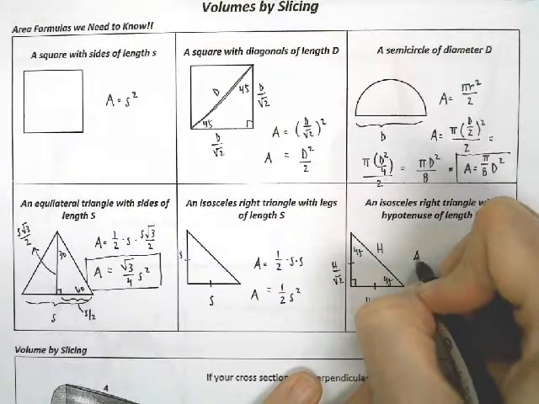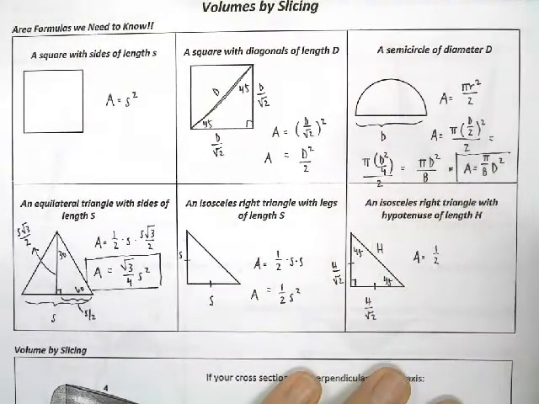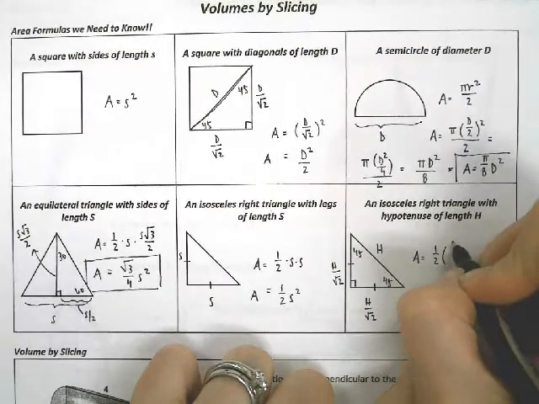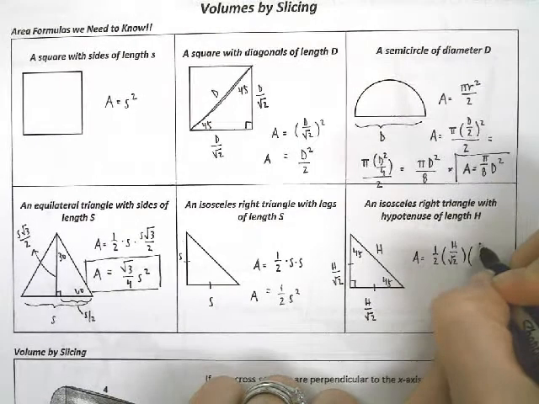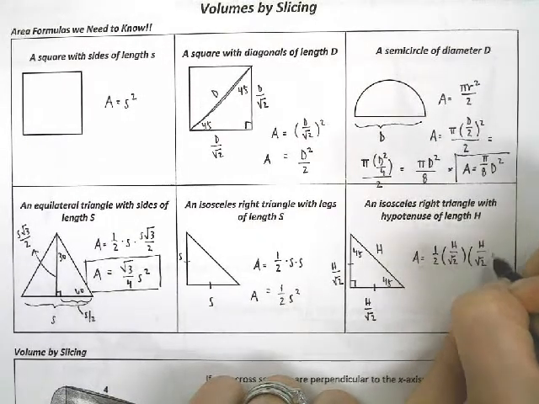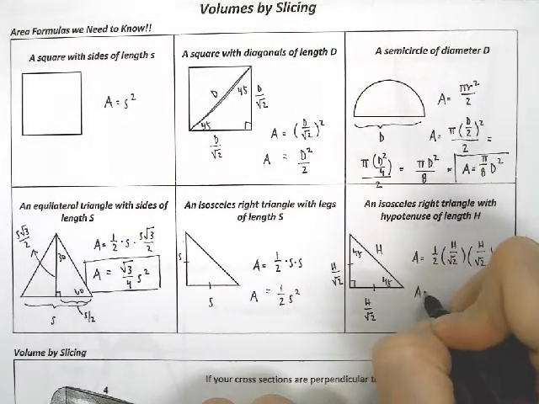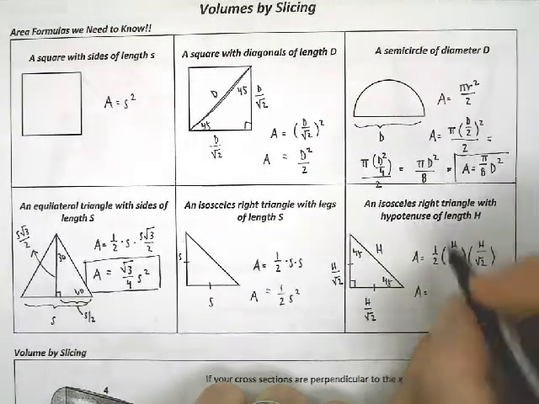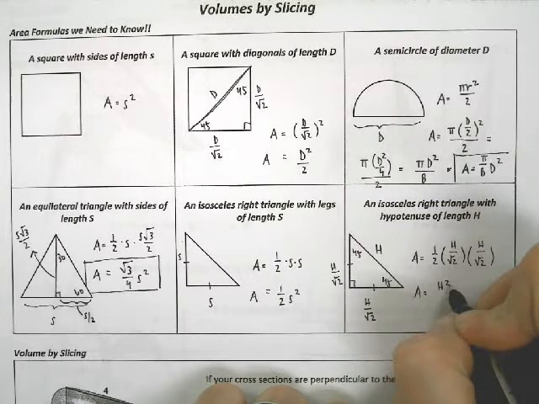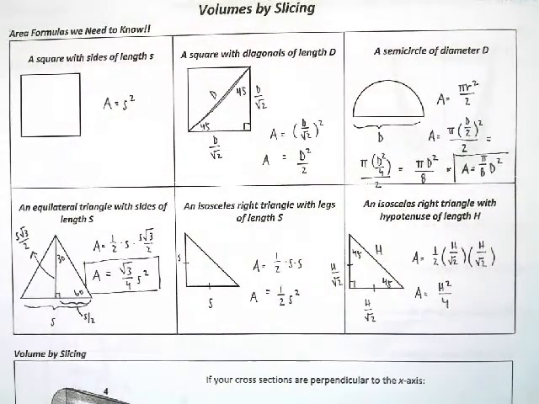So now I can use area equals 1/2. My base is h over root 2. My height is also h over root 2. So I get my area is equal to root 2 times root 2 is 2, times 2 is 4, so h squared over 4.